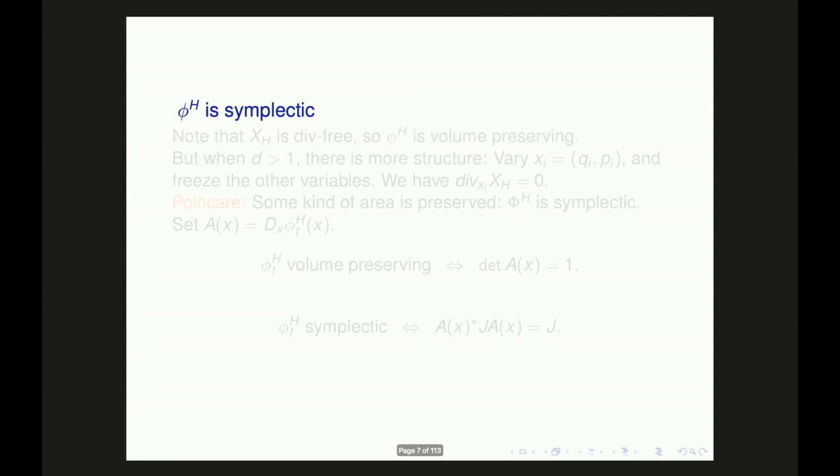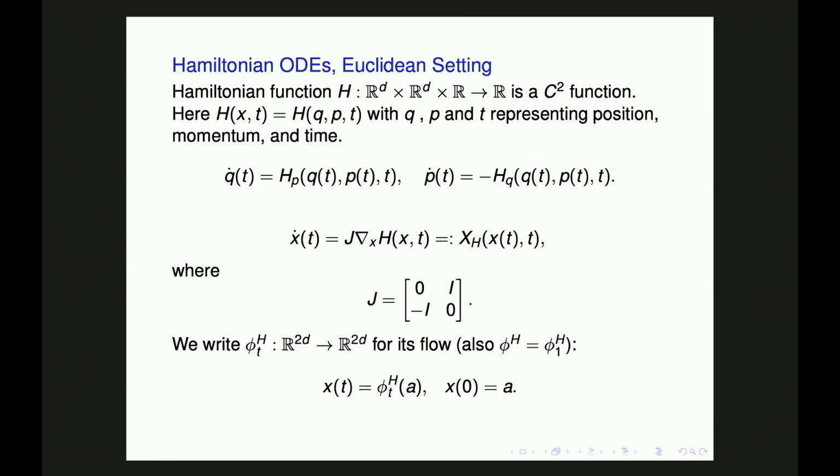You see, it's a shame I can't write anything there, but this is an equation, maybe I should keep it somewhere. But if you look at this vector field, because of swapping and putting minus signs somewhere, you immediately see that this vector field is divergence free. If a vector field is divergence free, its flow is volume preserving.